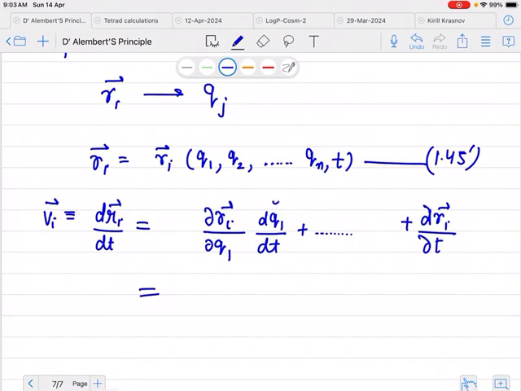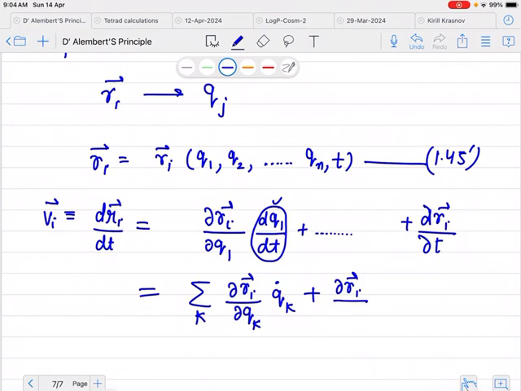And because there's the first term, second term, third term, this we can write down as the Q1 dot. So derivative with respect to time we can represent as a dot. So it is sigma k del Ri over del qk dot plus del Ri over del T. Equation 1.46.